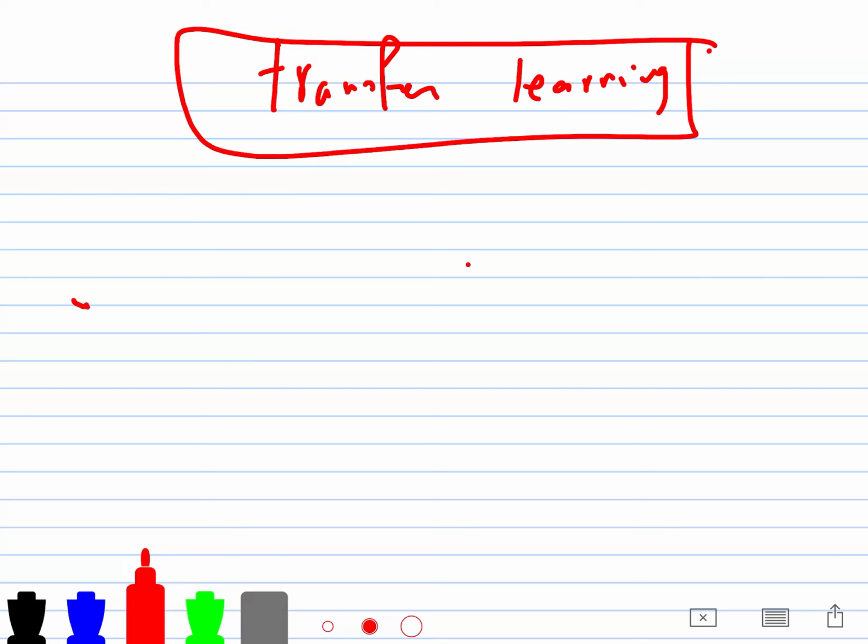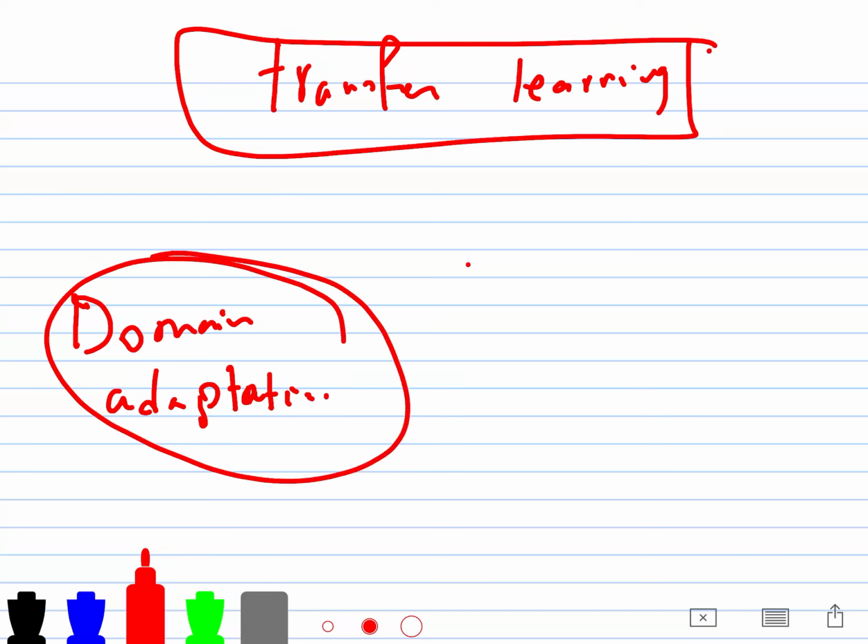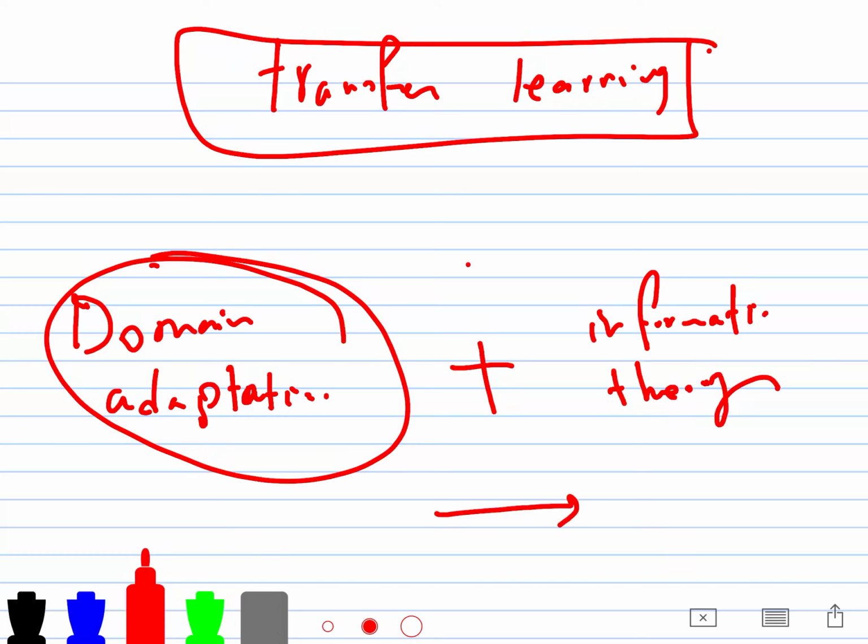And the ideas of domain adaptation are very important in the future, because domain adaptation nowadays is not mature yet, but in the future we have some clues that if we combine it with information theory, you can get even much more interesting results than the ideas of meta learning.